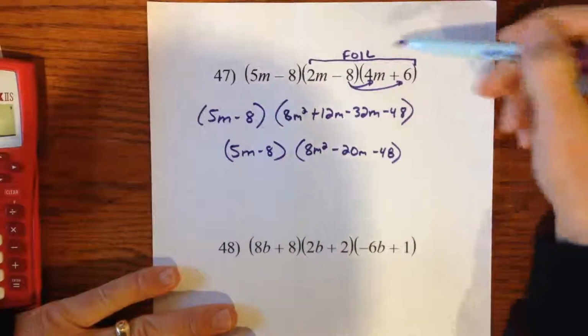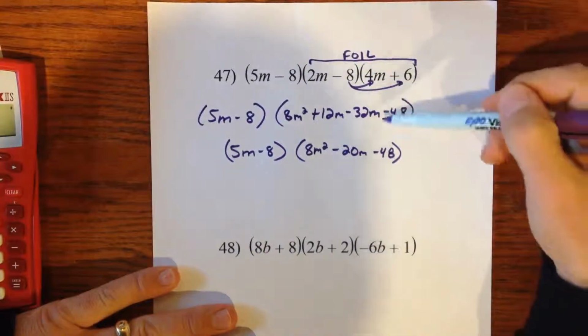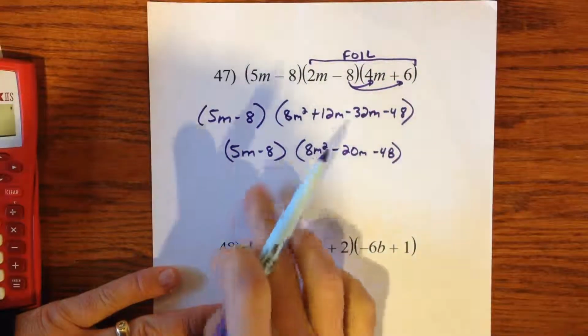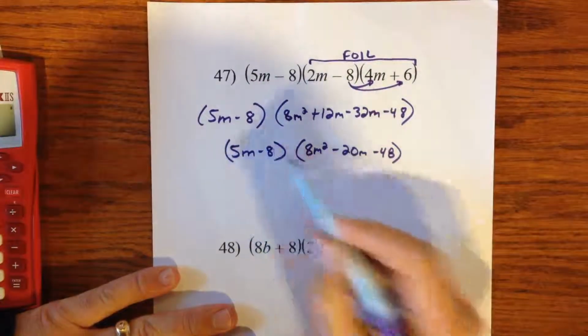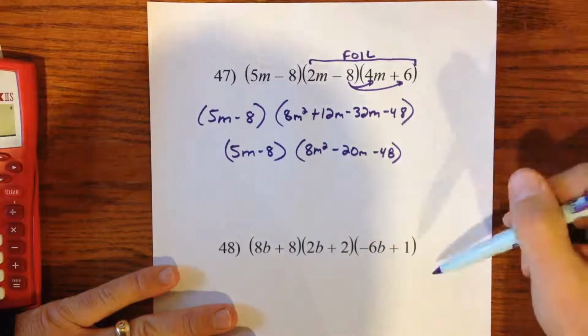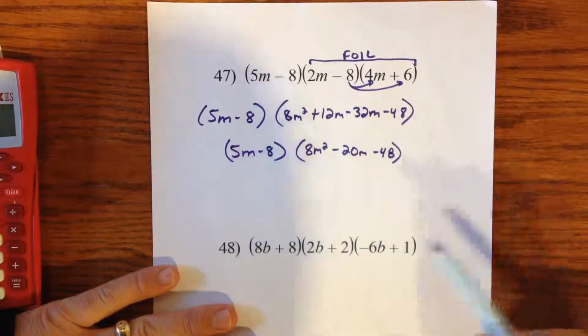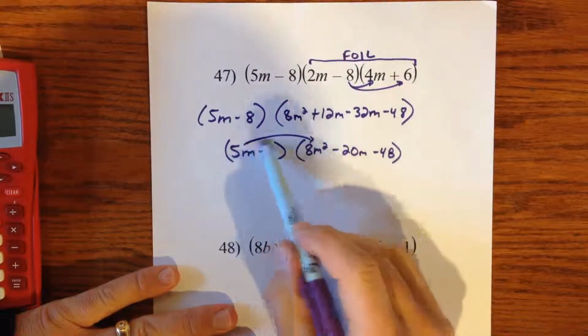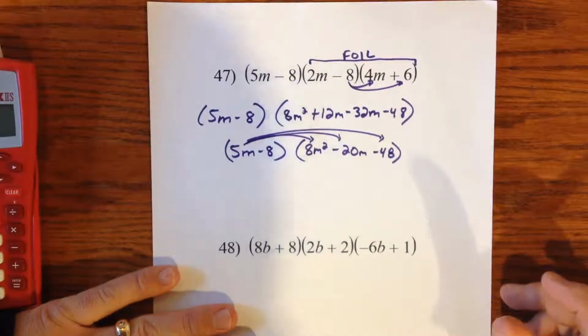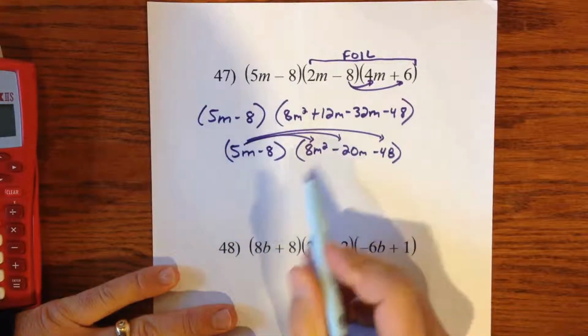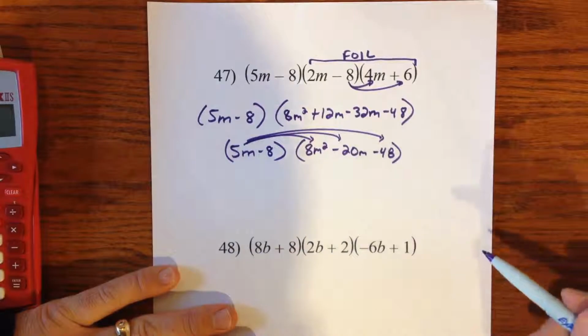And so all I did is I FOILed these two, simplified, and now I have a binomial times a trinomial just like before. Okay, so there's really nothing different from this point forward. If you want to call this super FOIL, go ahead. You have to kind of FOIL this 3 times, or distribute the 5n to each one of those.